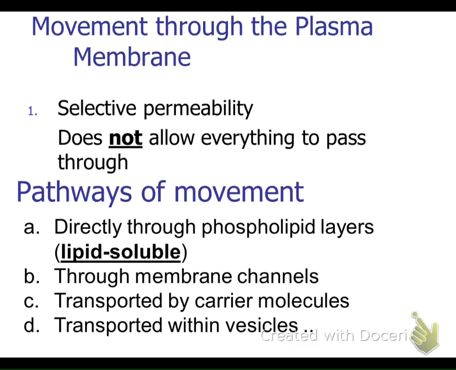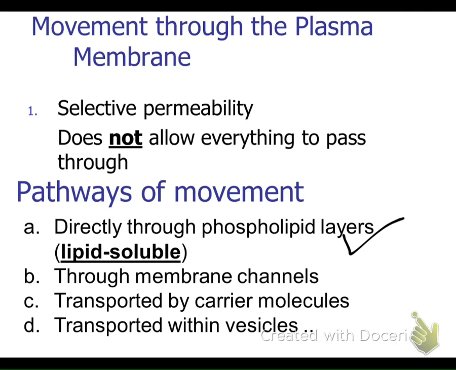We've talked about this. The movement of molecules through the membrane, therefore, is selective. Only certain molecules can go in and out. So how do molecules go in and out then? Here are some choices. Number one, the molecules can go right through the phospholipid layers.